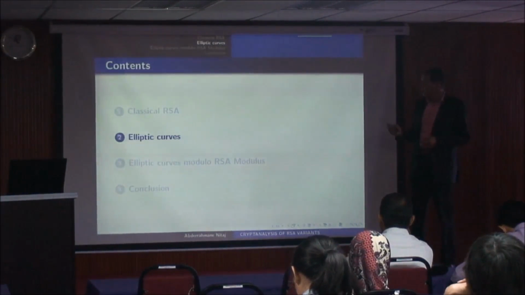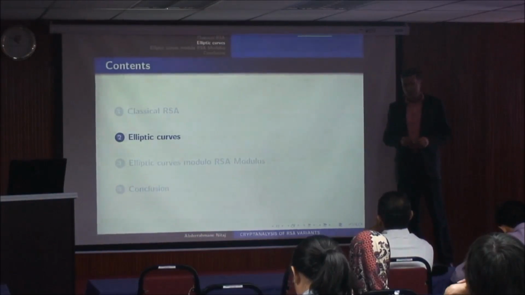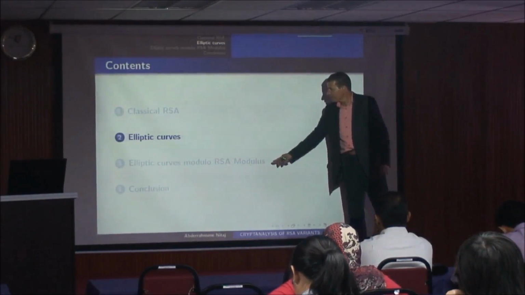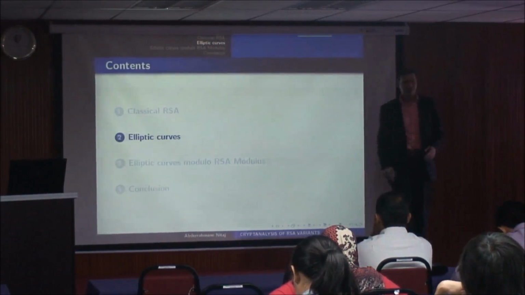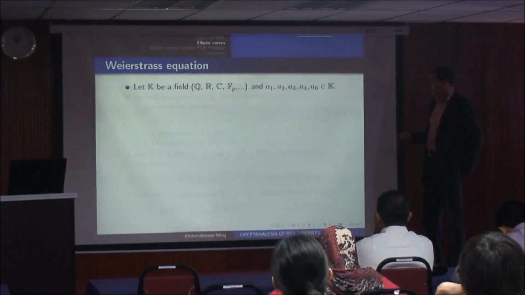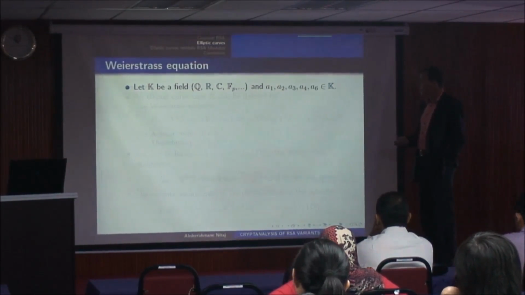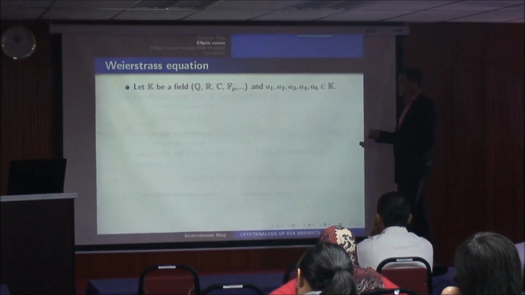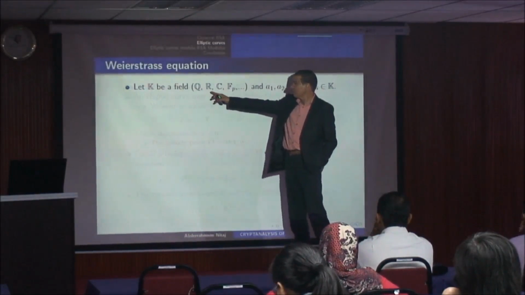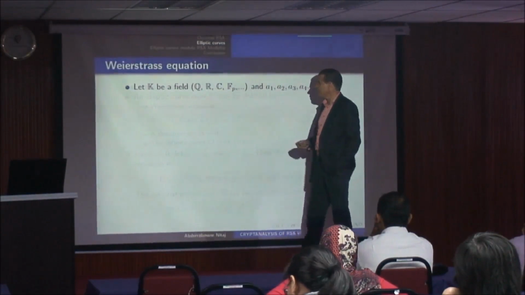Now I am going to talk about elliptic curves, because in this part we are going to mix elliptic curves and RSA systems. So, the elliptic curve is defined over a field. Let K be a field, for example R, C, or a finite field.